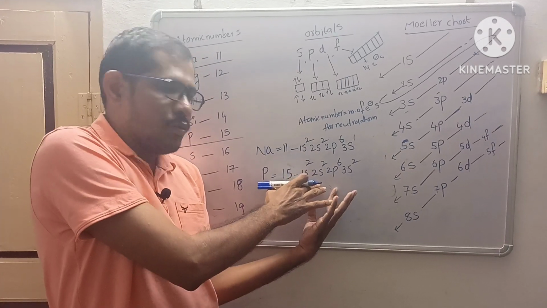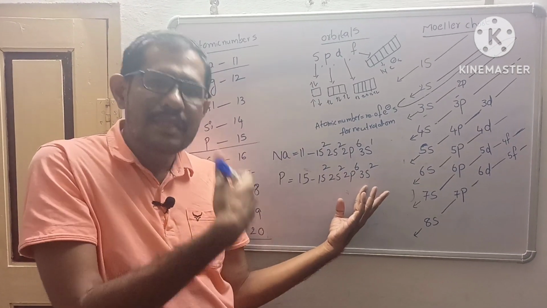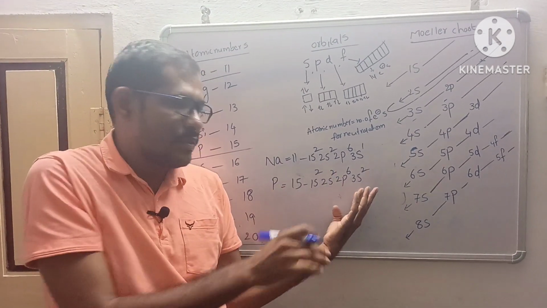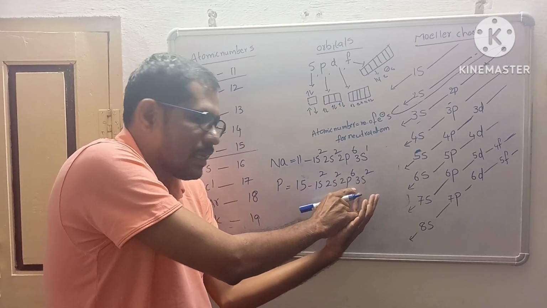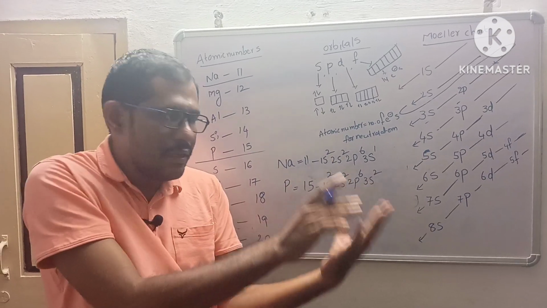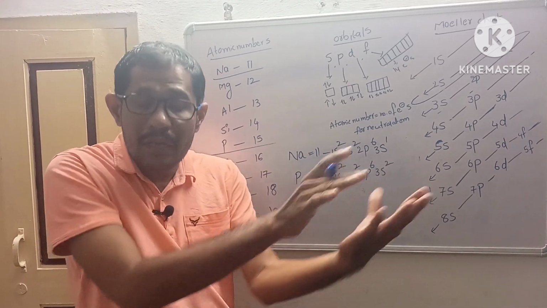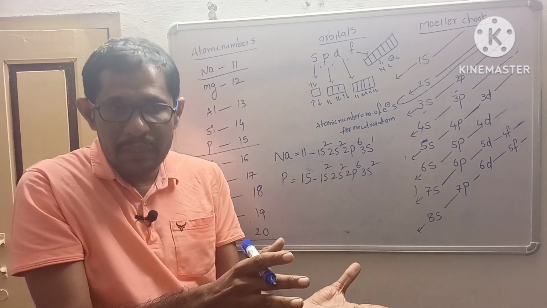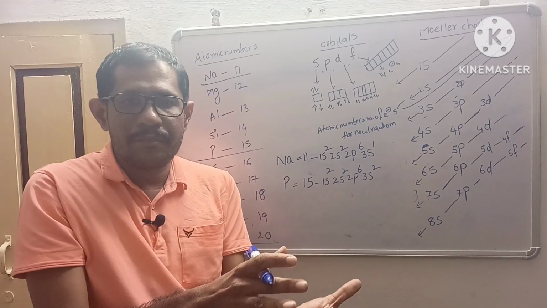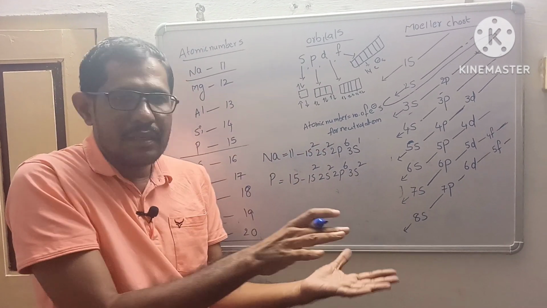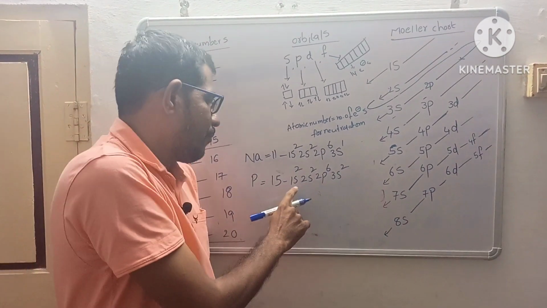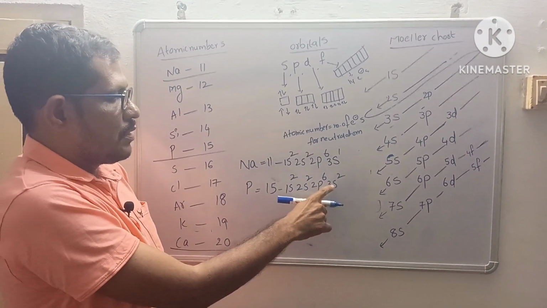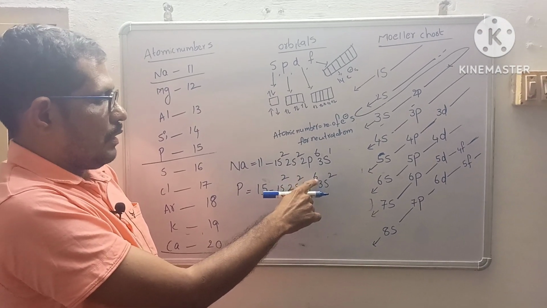Whether it is 1s, 2s, 3s, 5s or 6s, if it is an s orbital, don't bother about the numbers present before the s, p or d. Blindly remember, s orbital means 2 electrons, p orbital means 6 electrons, whether it is 4p or 8p, 5p or 6p. P orbital means 6 electrons, right? D orbital means 10 electrons, f orbital means 14 electrons, right? So I am writing 1s2, 2s2, 2p6, 3s2, and the total is 4, 10, 12.